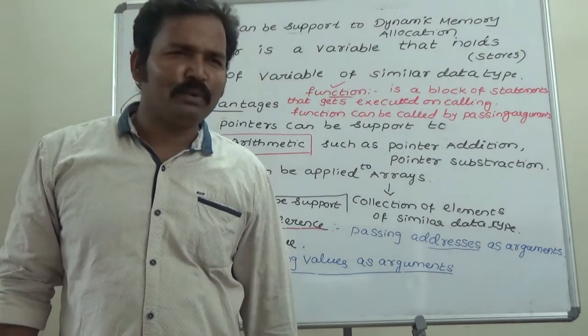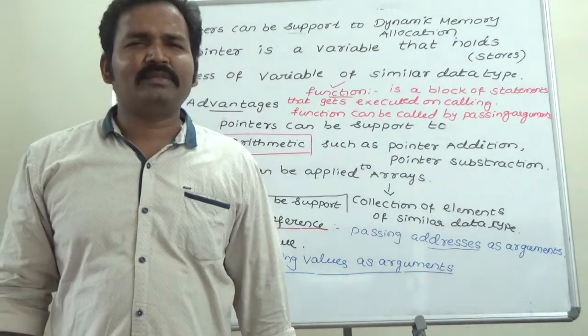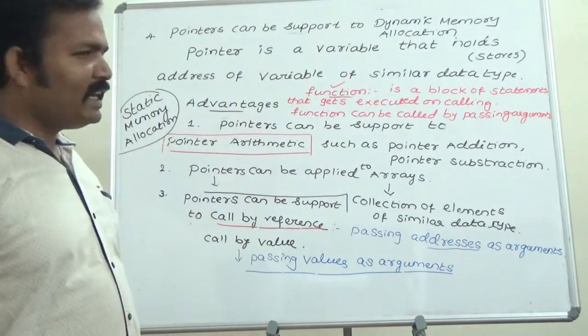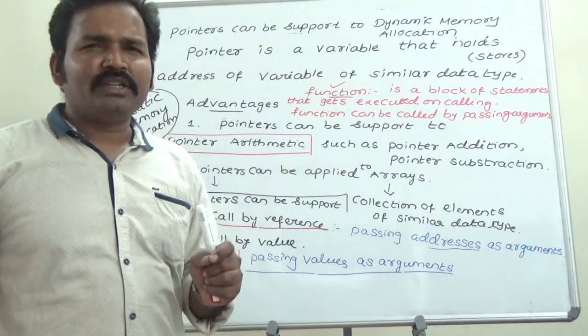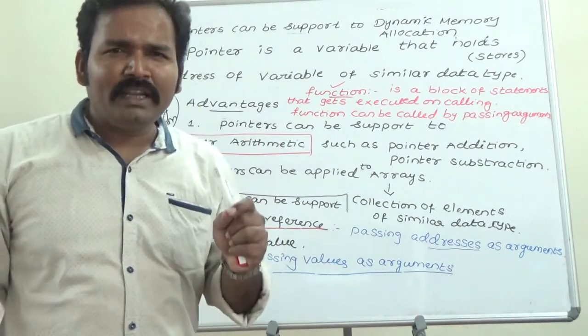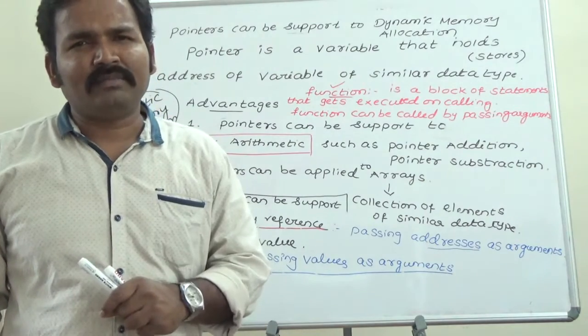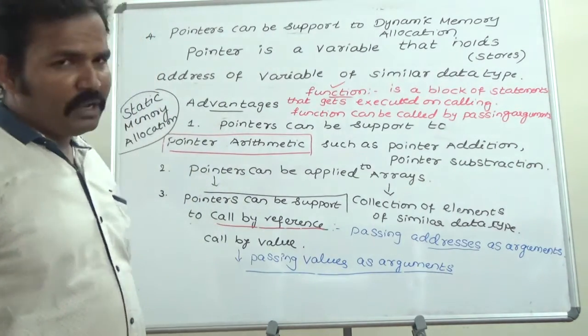That type of memory allocation is called static memory allocation. So, clear? Static memory allocation means allocating memory to variables at compilation time.